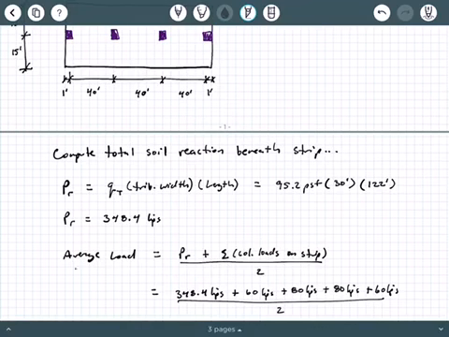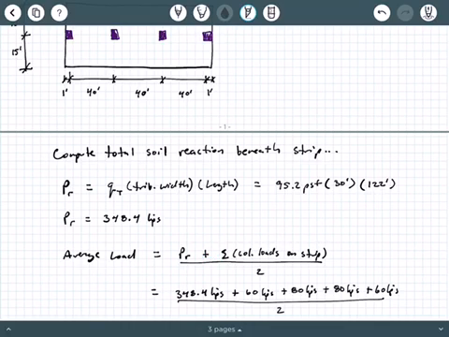Then what you need to do is compute what's called the average load on the strip, okay? So what you do is you take that total soil reaction, P sub R, that we just got, and you add that to the column loads on the strip of interest, and you divide it by 2. So what you're doing is taking kind of an average between two things.